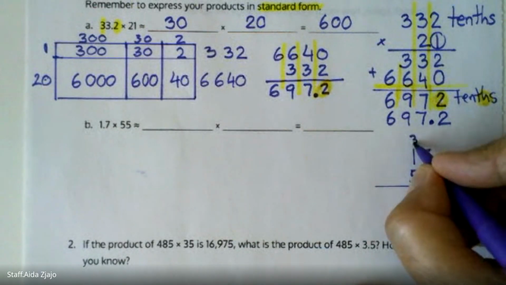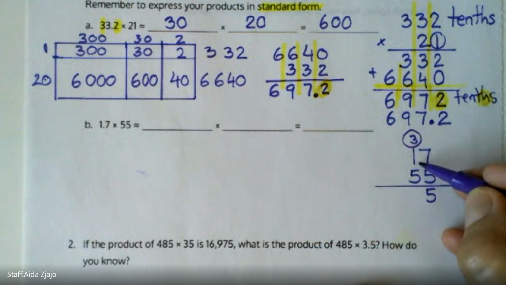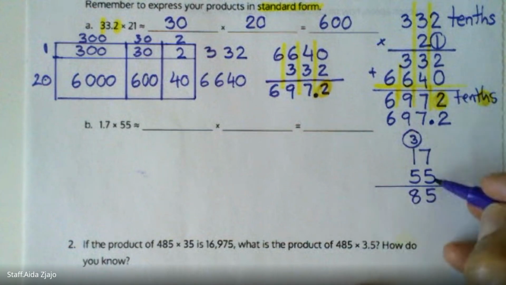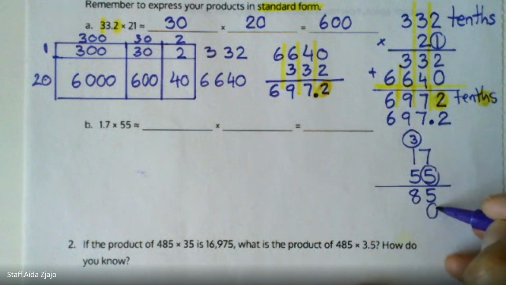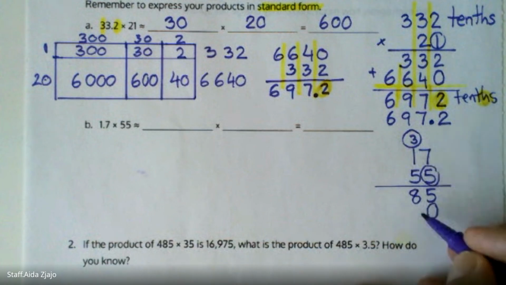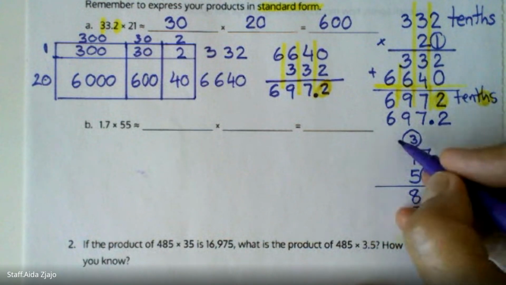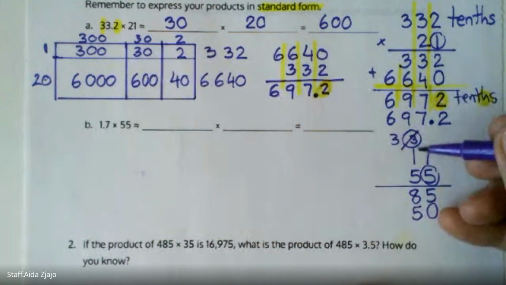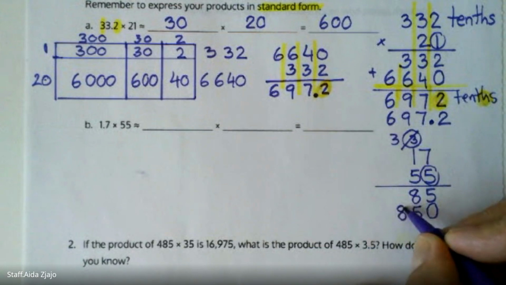I remember 3. 5 times 1 is 5, plus 3 is 8. I'm done with ones, put the 0.